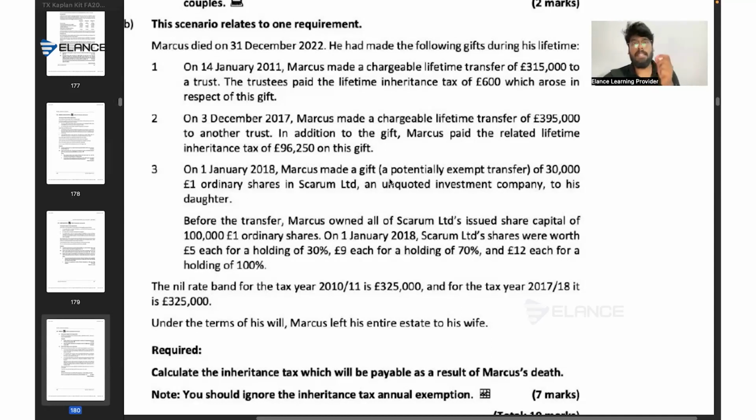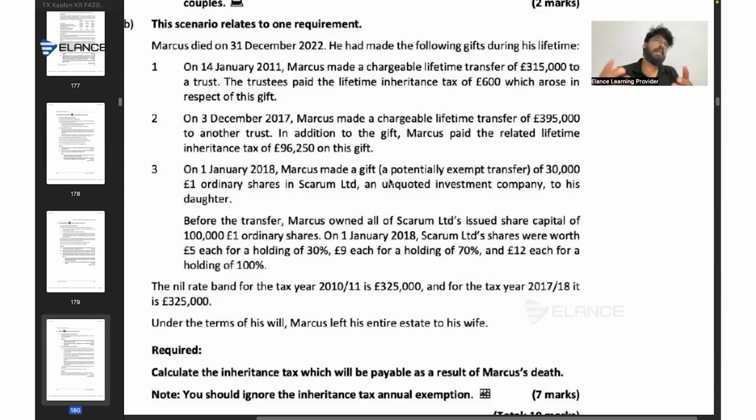At the time of making the CLT, if the donor pays any lifetime tax, that amount of tax will be added to the chargeable transfer, because for the trust we should find the grossed up value. Whatever amount the donor paid as tax, that much will be added to the chargeable amount of that transfer.